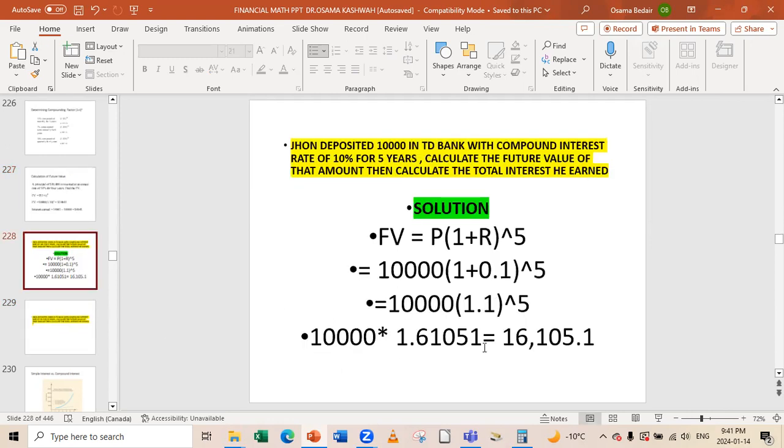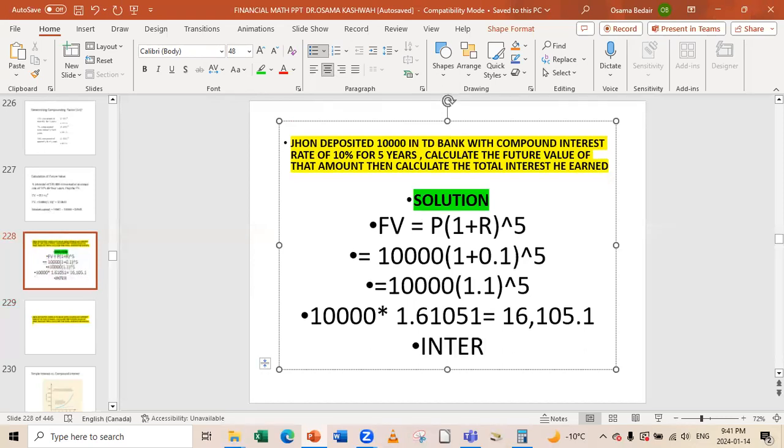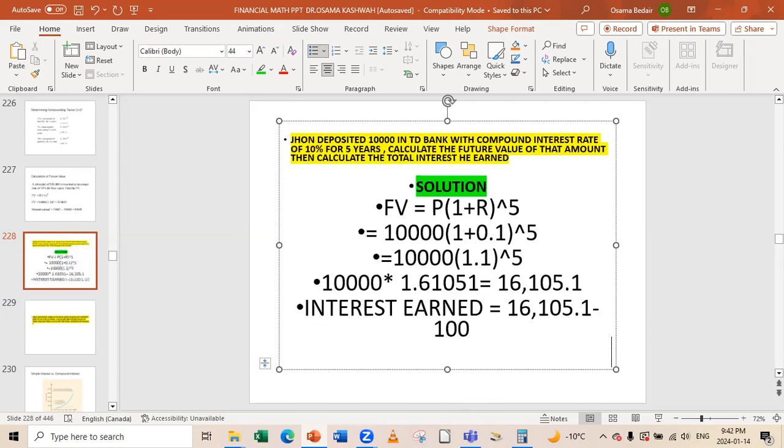In my example here, I will say 16,105.1. Let's Control and C. If I want the interest earned, it will equal this amount, Control and V, minus the origin, which was 10,000.